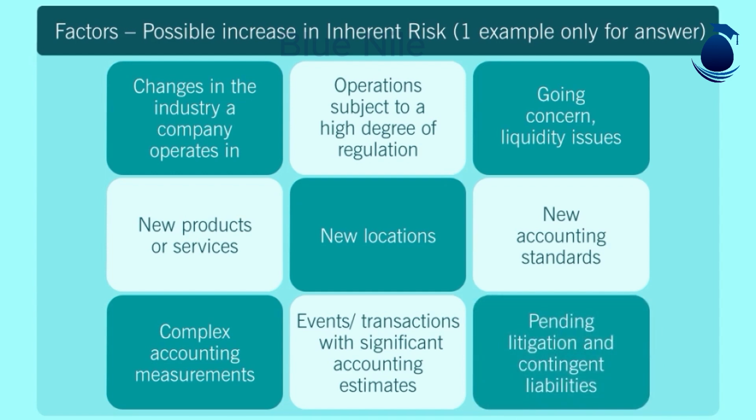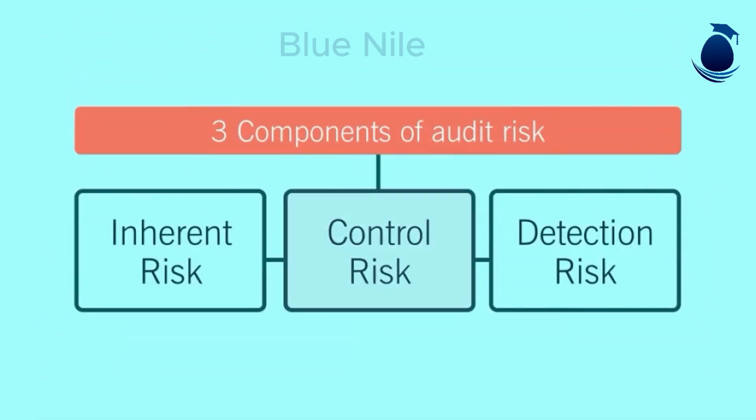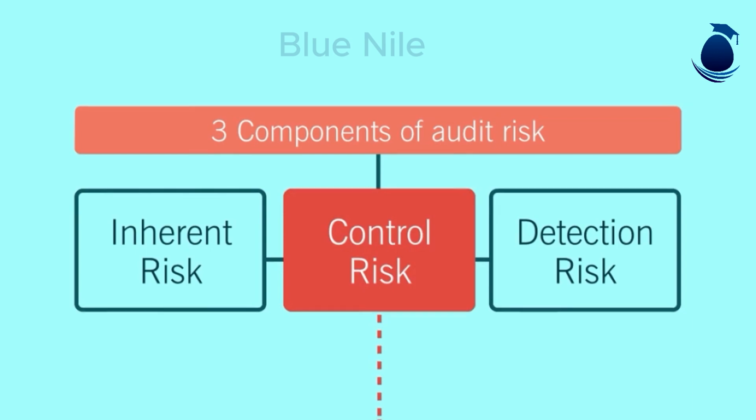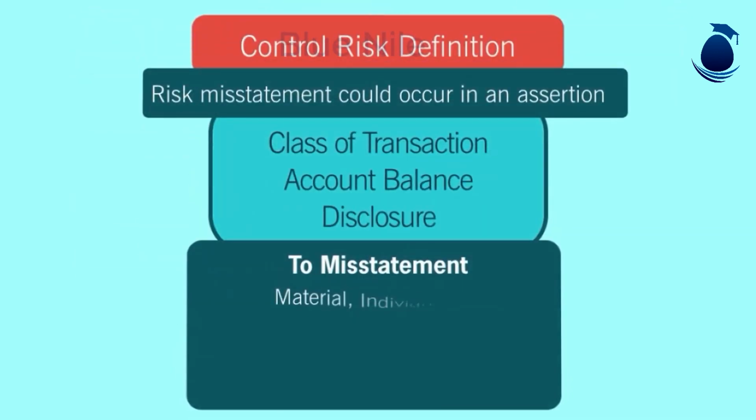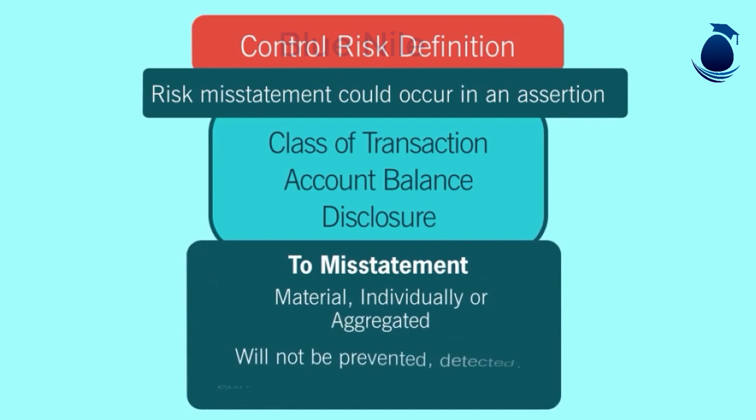Looking at control risk, this is defined in a similar way to inherent risk, with the difference being that any misstatements will not be prevented or detected and corrected by an entity's internal controls.